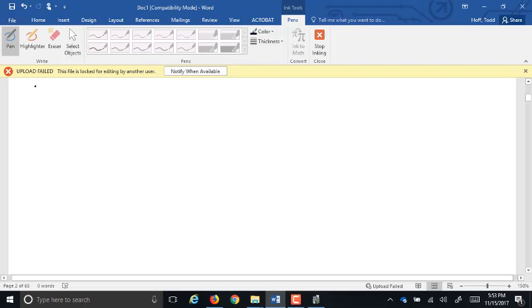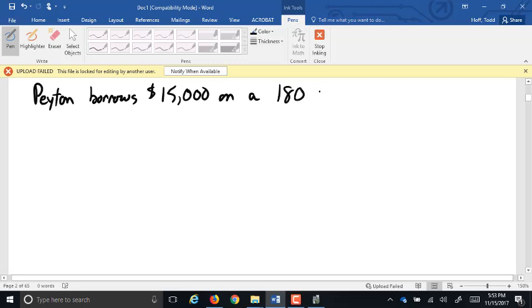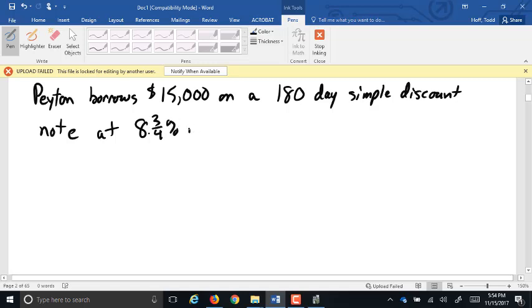So, Peyton borrows $15,000 on a 180-day simple discount note at 8.75% interest.